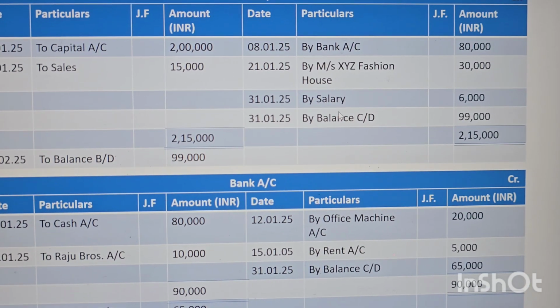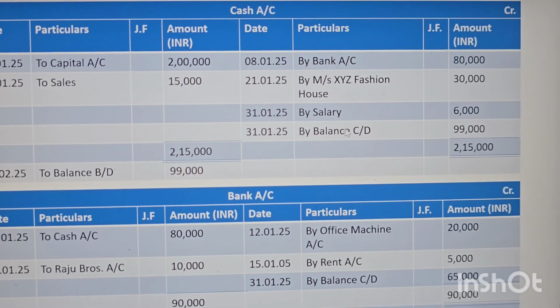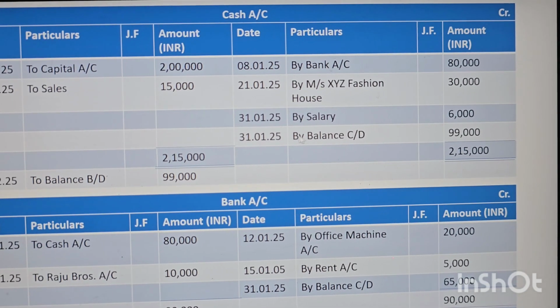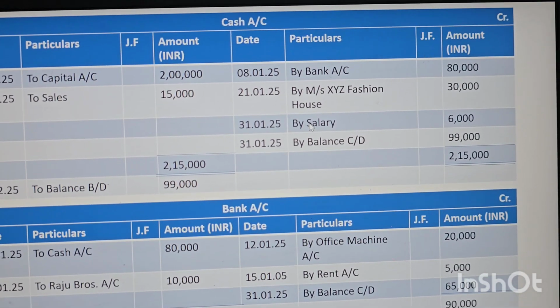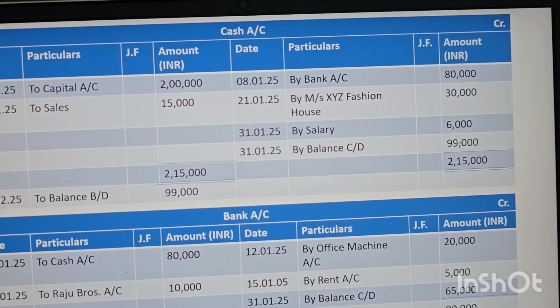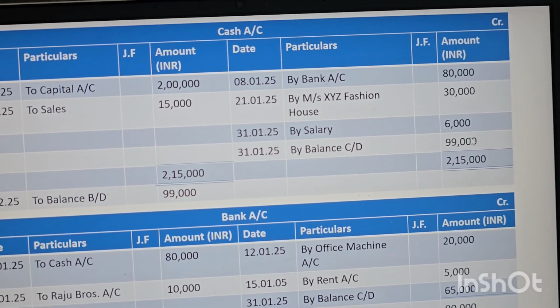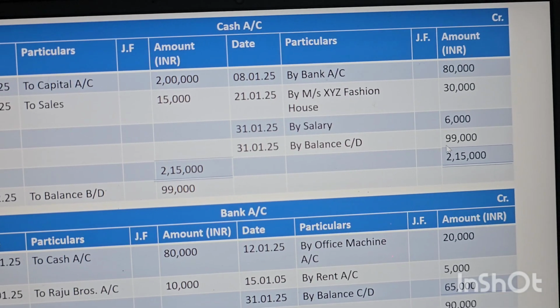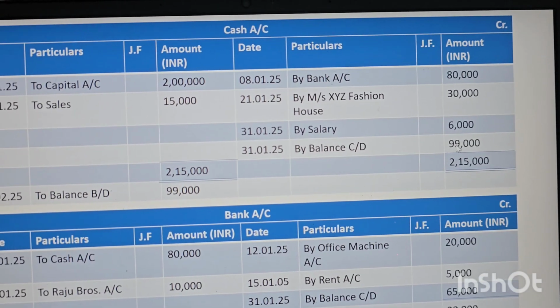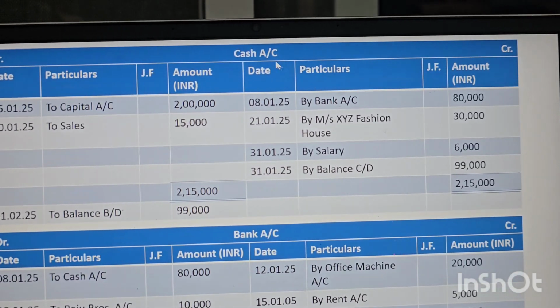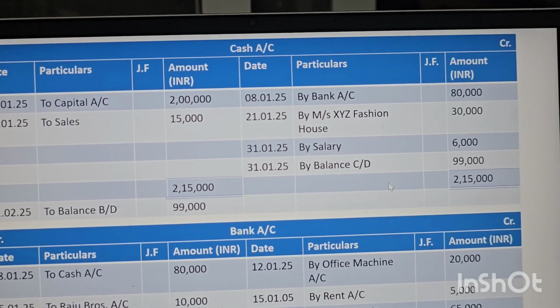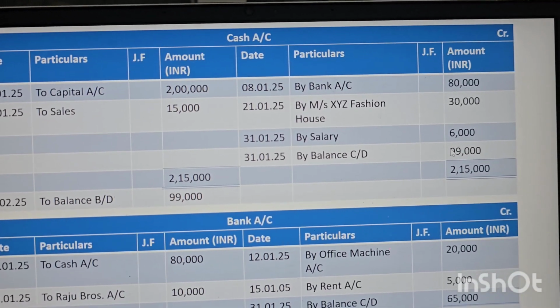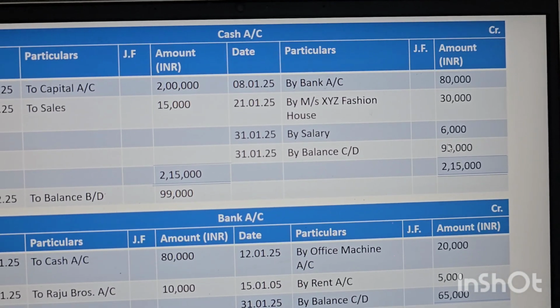If there are any mistakes, all that needs to be done above the balancing number, the balancing number amount needs to be rectified, and then it is updated. So once this balancing number is updated on the credit side, since this is a cash account, which is a debit balance account, we have the balancing amount on the credit side of 99,000.